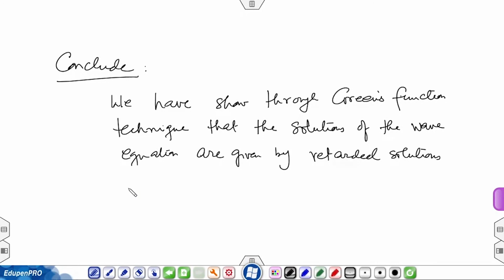We will use these to calculate the corresponding electric and magnetic fields and the Poynting vectors and the radiation in coming lectures. Thank you.